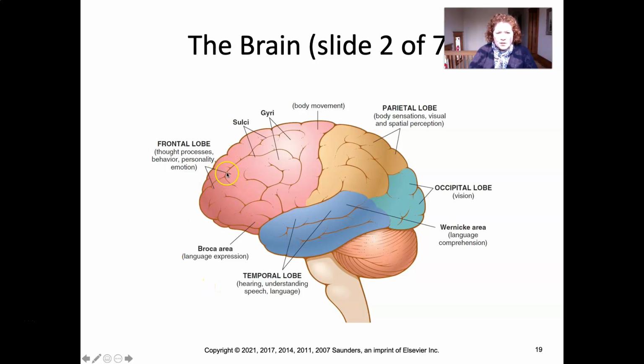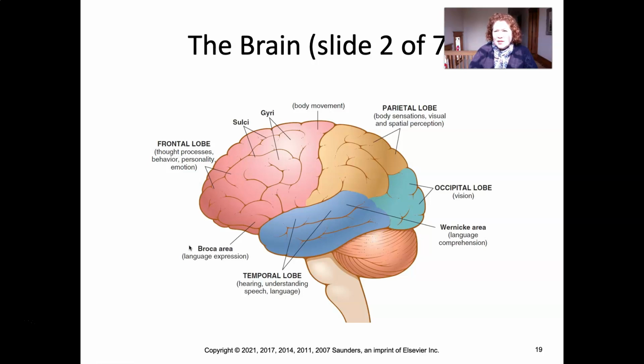The frontal lobe is exactly where you would expect it, the front of your head. The parietal lobe is toward the back of your head. Occipital is the very back. And then you've got the temporal on the side. And you can see what each part does. You can look at that to see what they specialize in, so to speak.